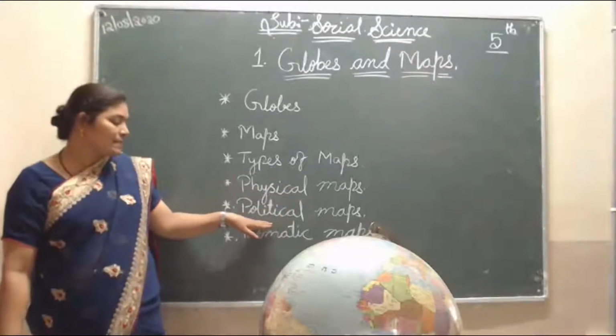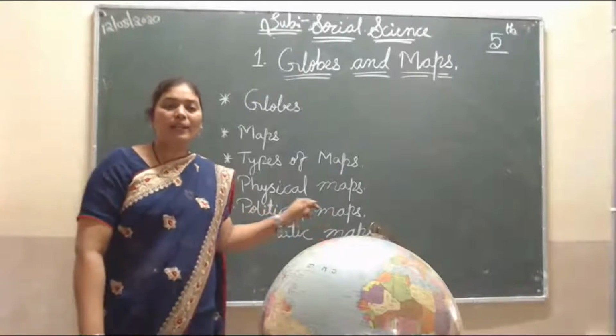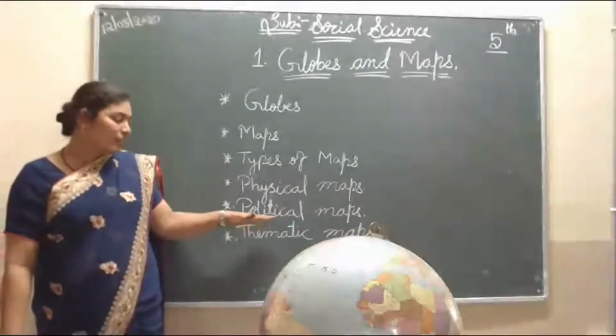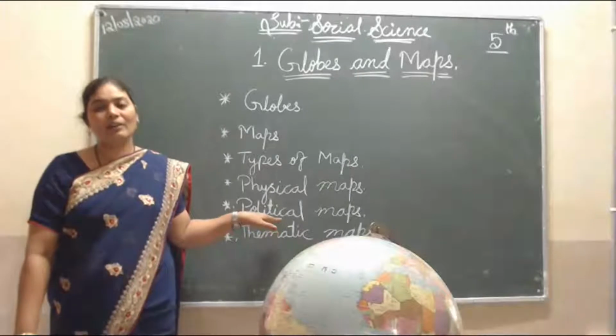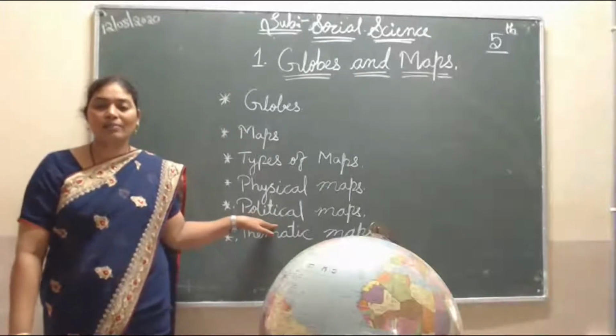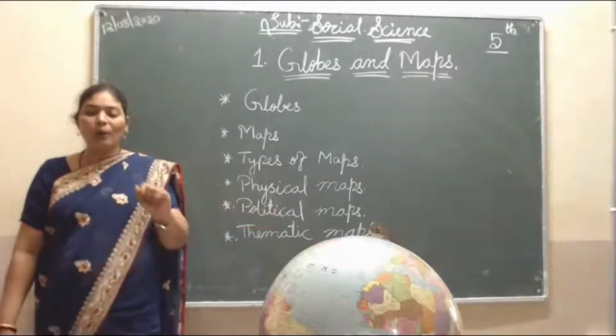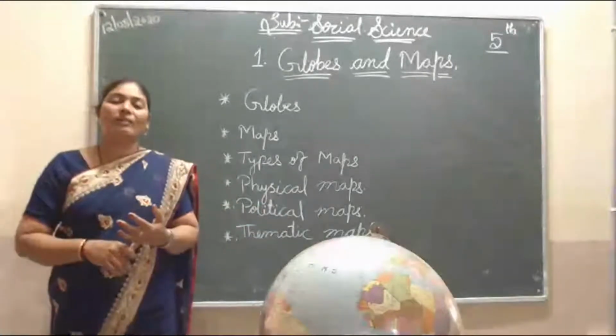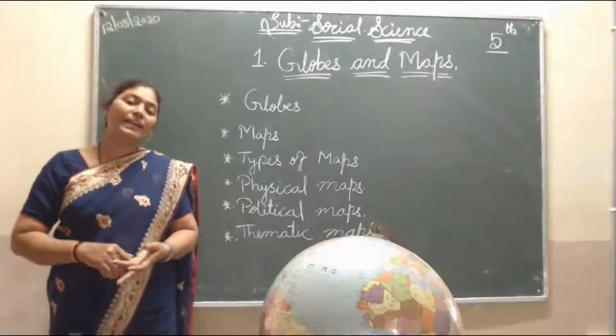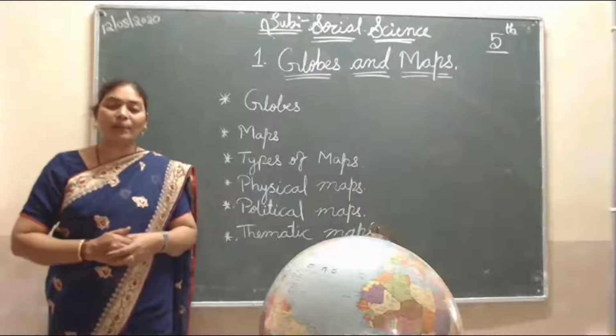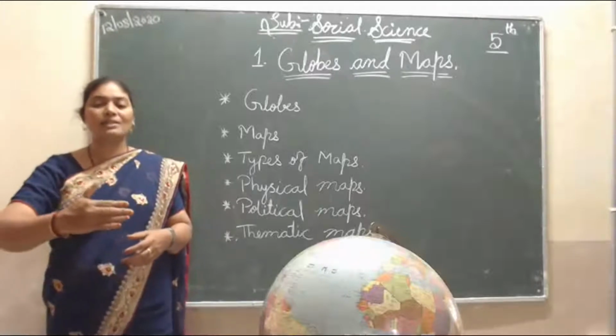Then the second type is the political map. In India's political map, they show the boundaries of our neighboring countries. If we take a state's political map, then they show the other states.